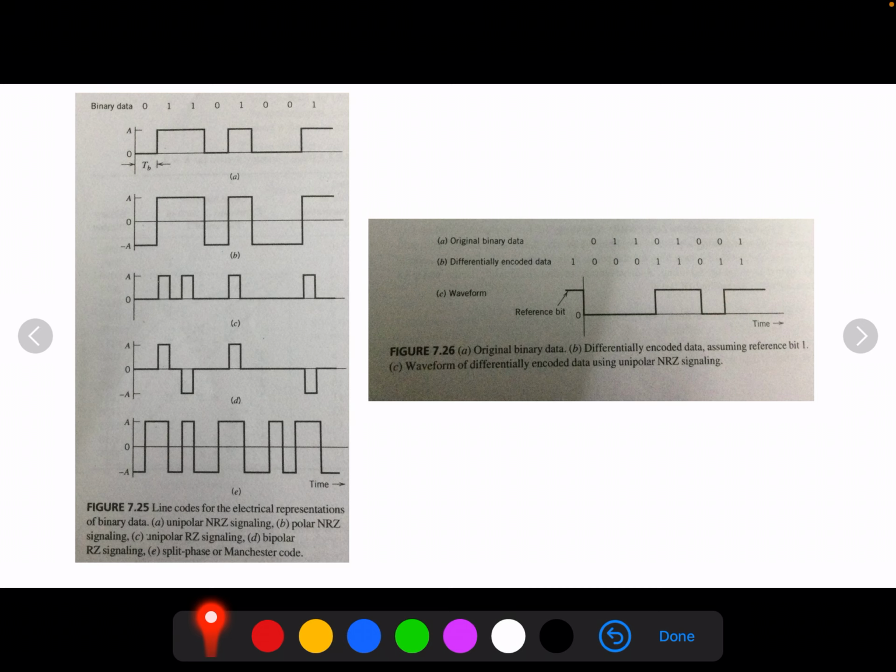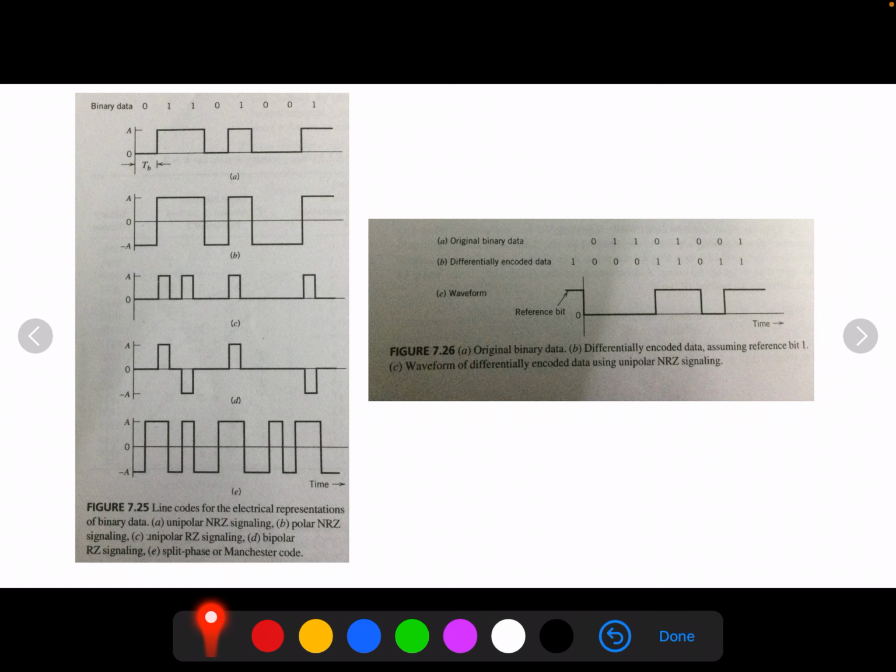The original data stream used here is the same as that we have used for this example. If you have observed, the waveform of the differentially encoded coding is somewhat like this, assuming the use of unipolar non-return to 0 signaling. So it is apparent that a differentially encoded signal may be inverted without affecting its interpretation.